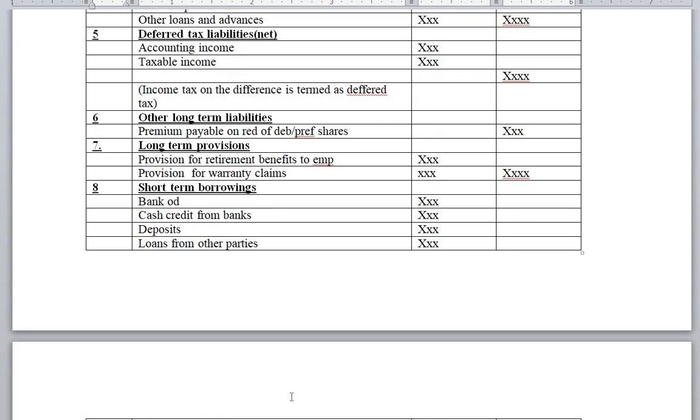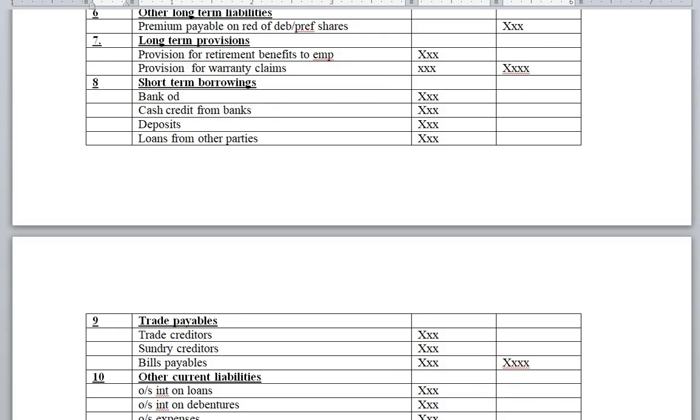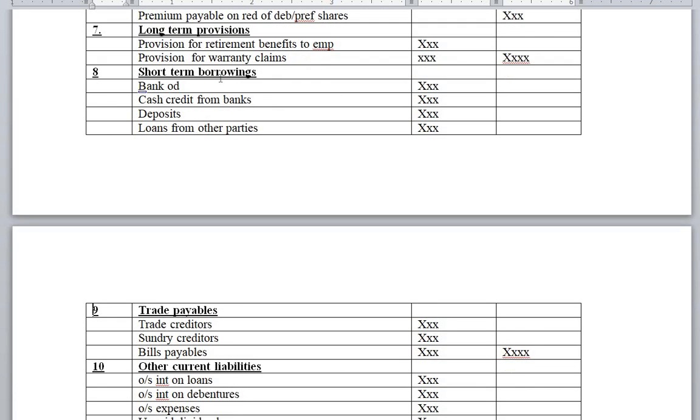Short-term borrowings, as the name suggests, are the borrowings which have to be repaid within 1 year. Some of the items which will come under short-term borrowings are bank overdraft, cash credit from banks, any deposits, and loans from other parties. All these kinds of items will come under short-term borrowings.